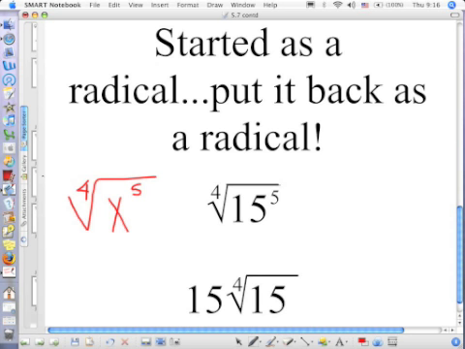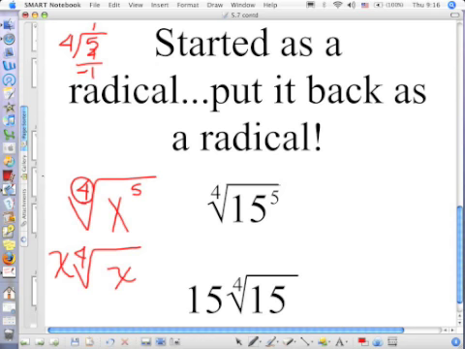Remember the little division trick I showed you. Concentrate on the x right now. How many times does this 4 go into 5? Which means you can take one x out. How many are left over? 1. 4 goes into 5 once, with 1 left over. So there's 1 x left in the radical, right? Okay, well, instead of x, we have 15.